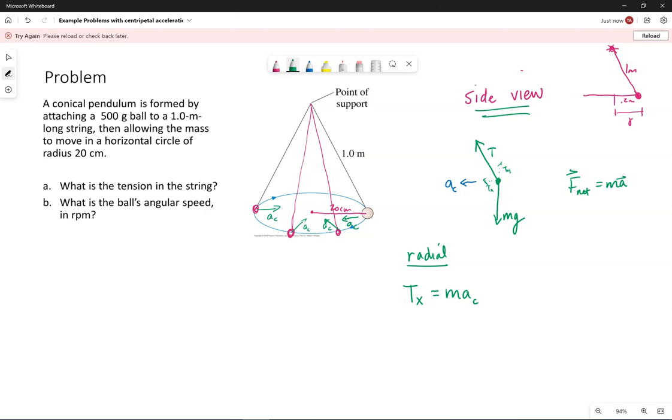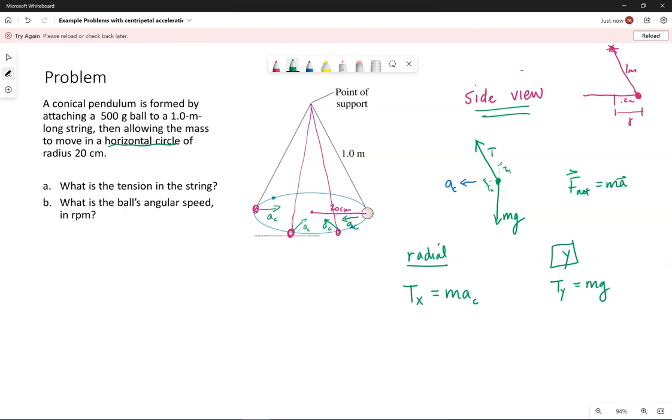The X component of tension needs to equal mass times the centripetal acceleration. In the Y direction, up and down, the problem tells us that the mass is moving in a horizontal circle, meaning it's not moving up or down. So the Y component of tension is balancing out gravity perfectly. There's no acceleration in that vertical direction.